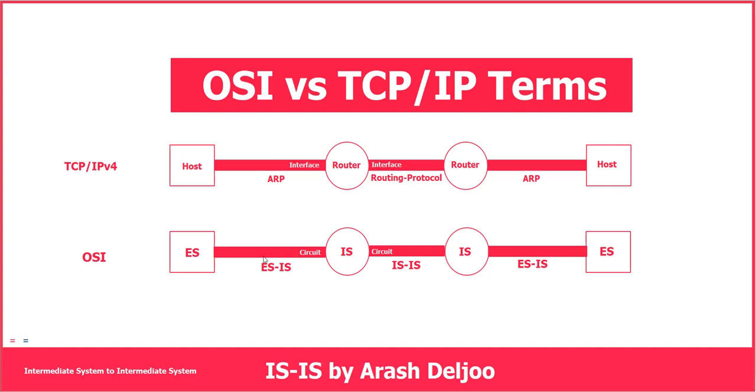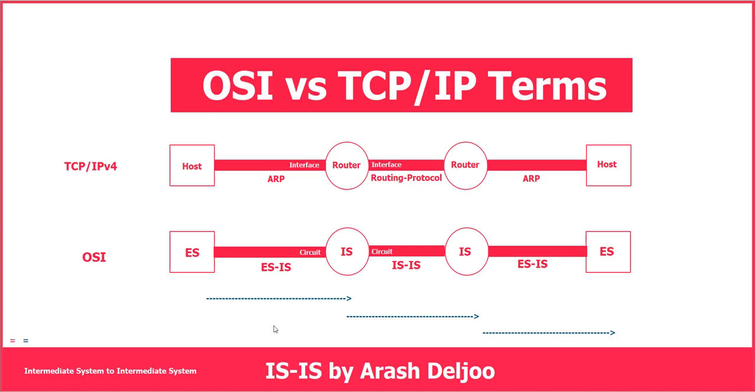When traffic needs to be sent from one ES to another ES, we should send this traffic from the ES to the IS. After that, this intermediate system can use the destination address of the packet and then forward the packet to the next hop IS, and finally this next hop IS should give the traffic to the ES.